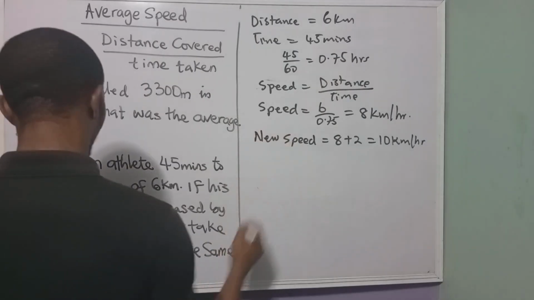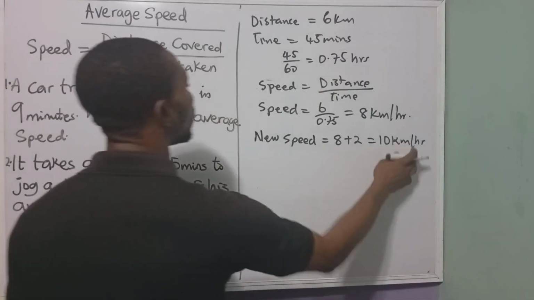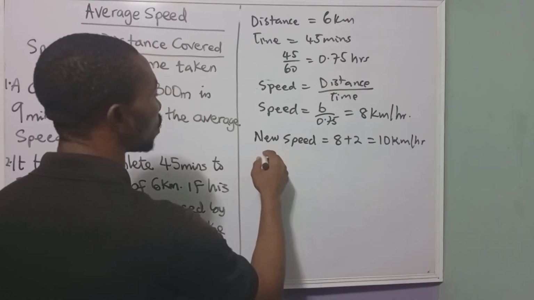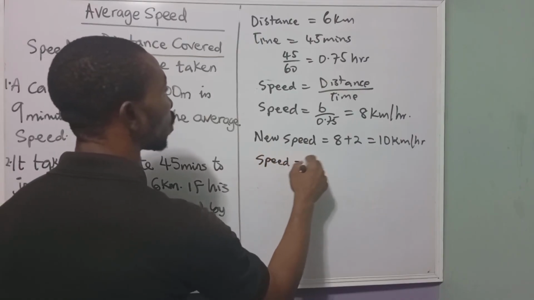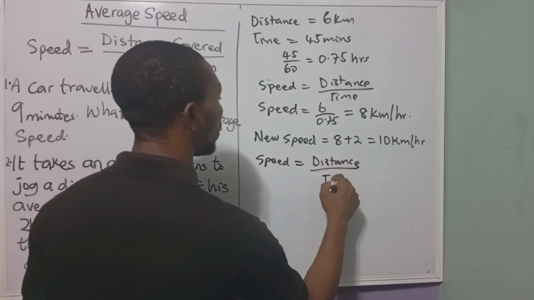And for us to find how long it will take, we should find the time he will take to cover the distance at 10 kilometers per hour. So with this, we have speed equals distance over time.